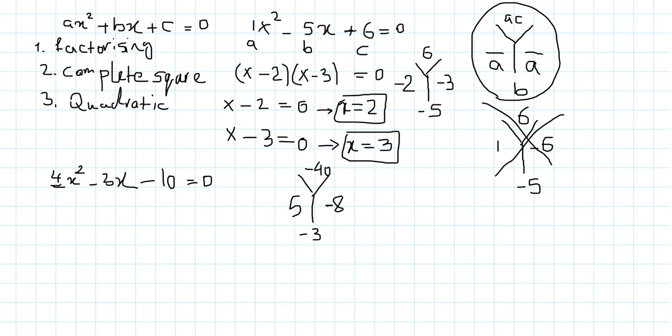It is correct now. Now I should divide by a. What is a here? A is 4, and always a should be a factor of x here.